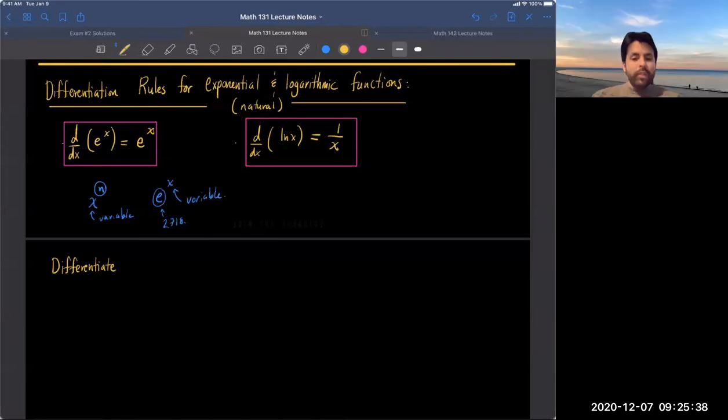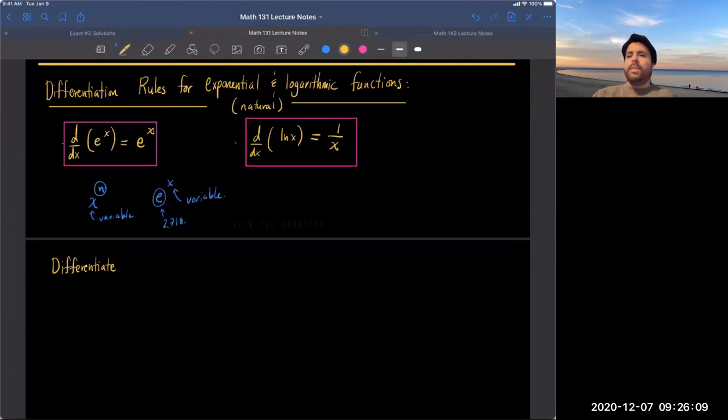But really, the more interesting question is what you raised: why? Because these seem strange, don't they? Like e to the x, the derivative is itself. And then the derivative of ln of x is 1 over x. Wait, how does 1 over x connect with ln of x? Why is there a connection of this sort? And why is e to the x connected to itself when we talk about derivatives? Those are interesting questions to ask. And of course, there's a reason for it.